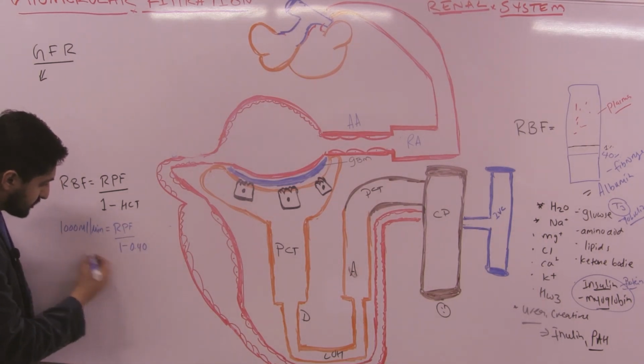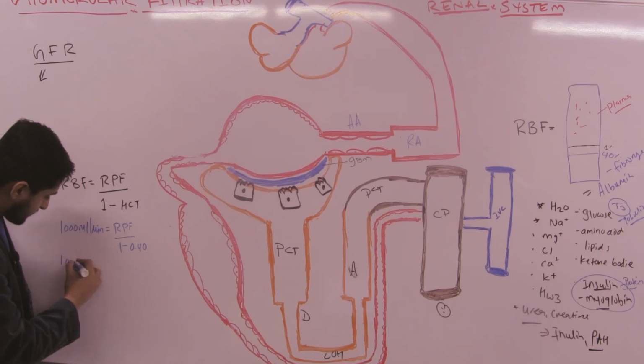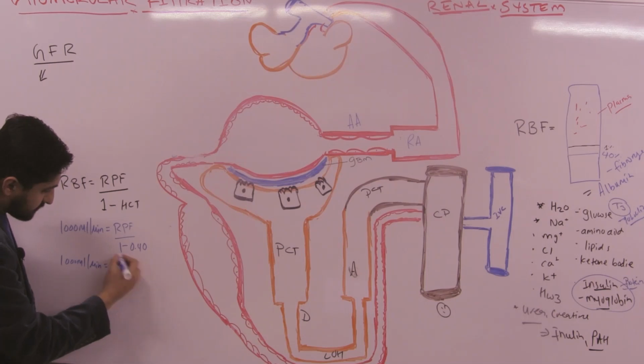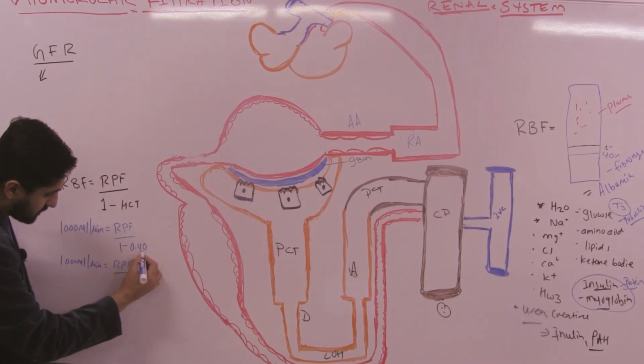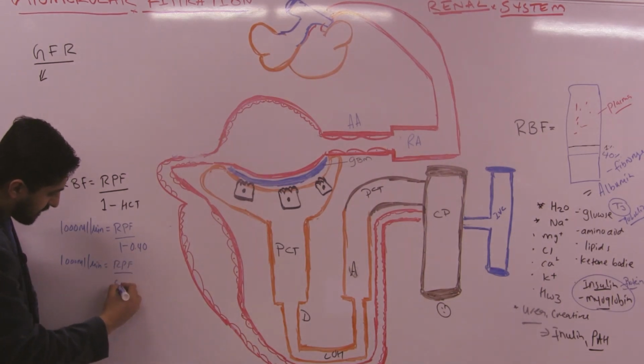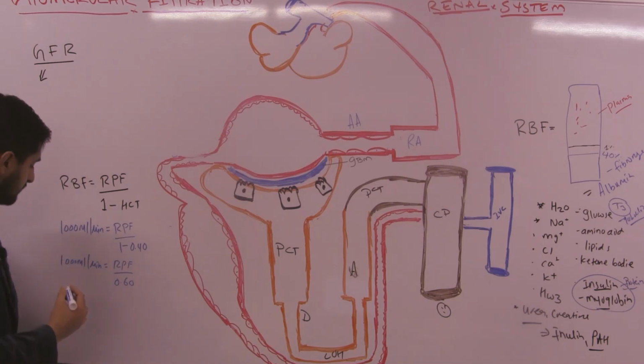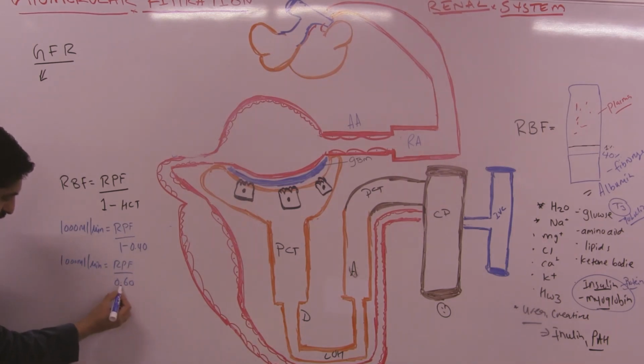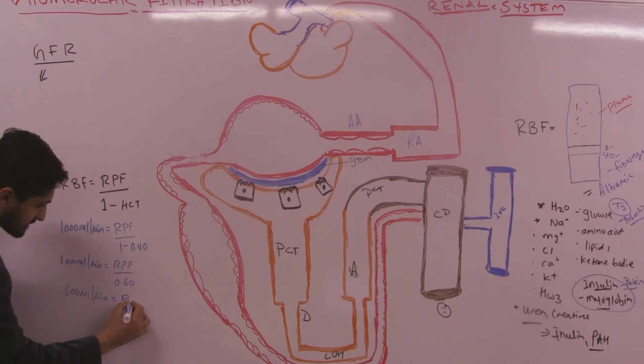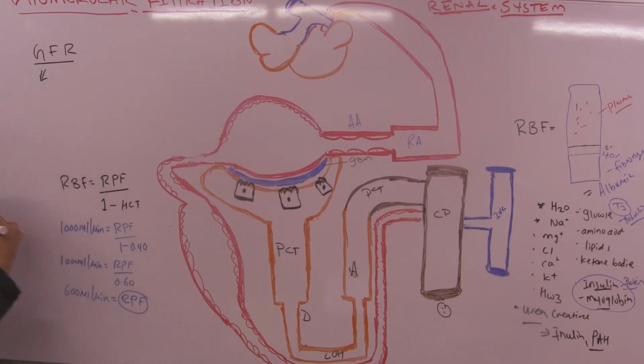So renal plasma flow over 1 minus 0.4, which is about 0.60, equals 1,000 ml per minute. Multiplying 0.6 times 1,000 gives 600 ml per minute. That's my renal plasma flow. You see what I mean?